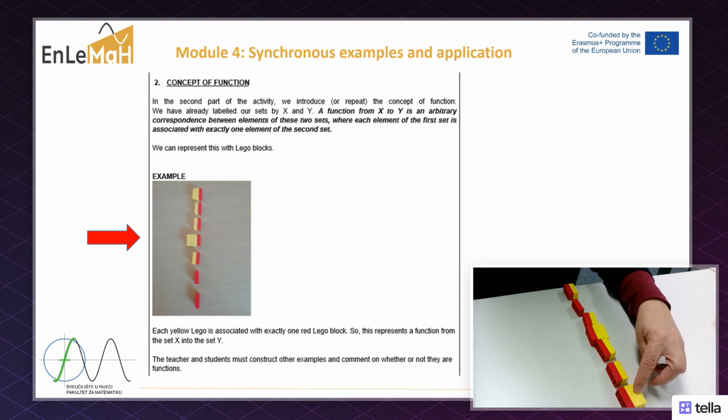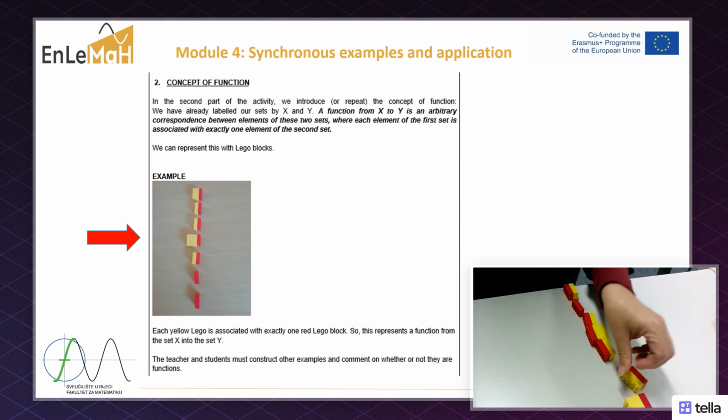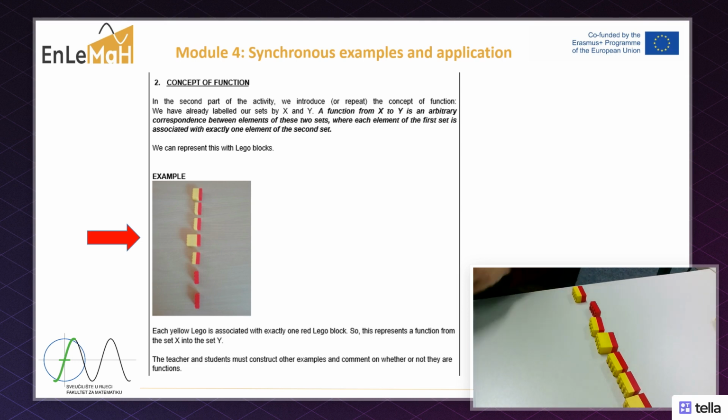So this is not a function from the set of red Lego blocks to the set of yellow Lego blocks. On the other hand, as we already have said, this is a function from the set of yellow Lego blocks to the set of red Lego blocks.